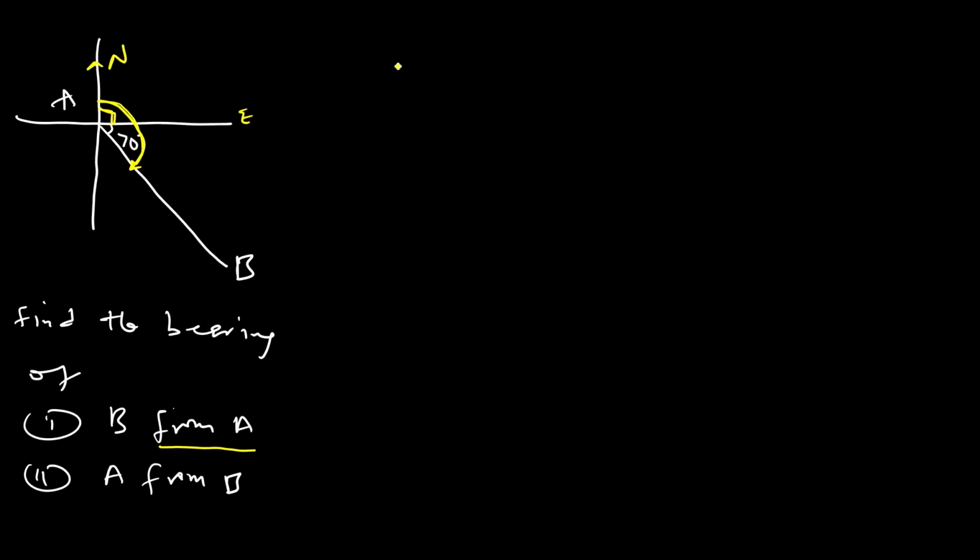So straight away, 90 degrees plus 70 is 160 degrees. It means the bearing of B from A is 160 degrees. Very simple. What of the bearing of A from B?